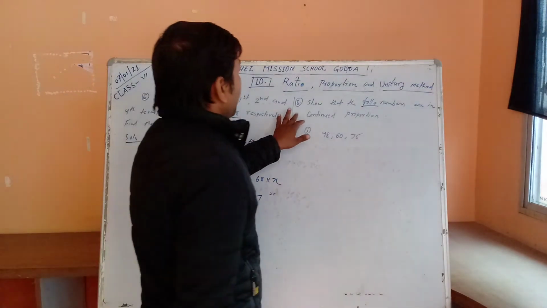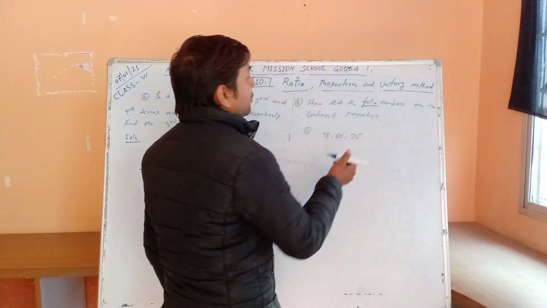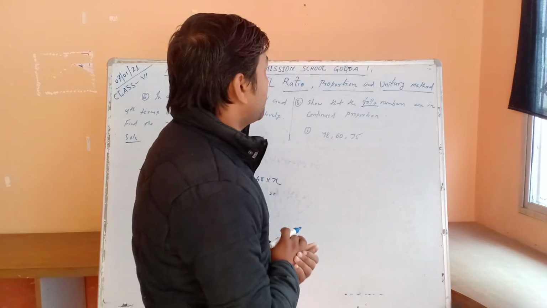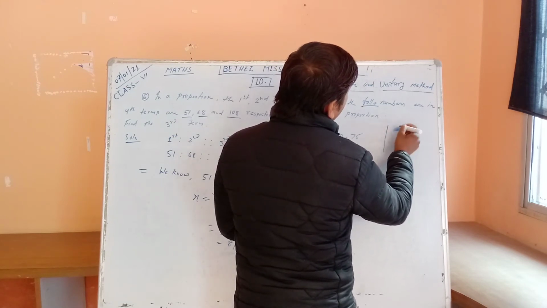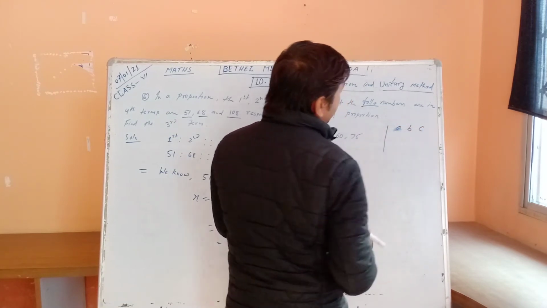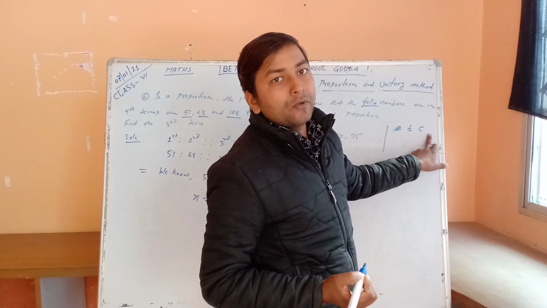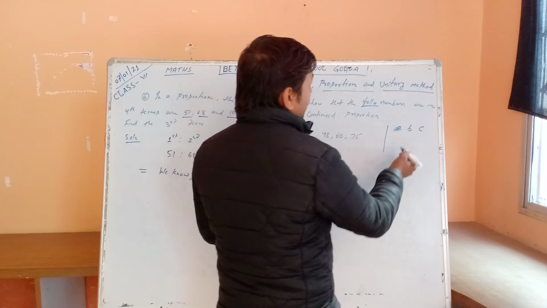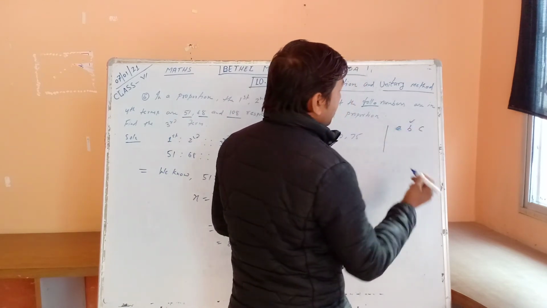Now eighth number question, so that the following numbers are in continued proportion, you have to find continued proportion. So first theory, that if three numbers A, B, C are in continued proportion, you have to write the middle term two times.